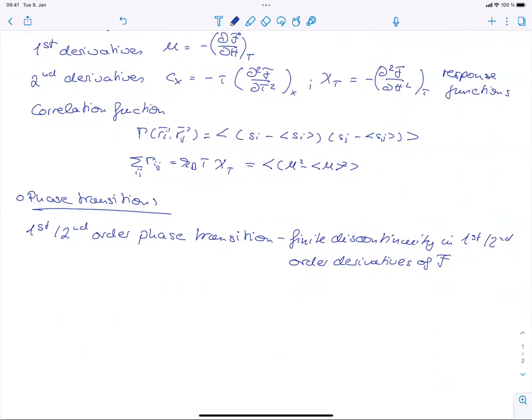And so to classify now these phase transitions, we introduce the concept of critical exponents.